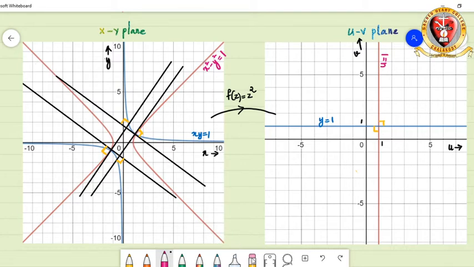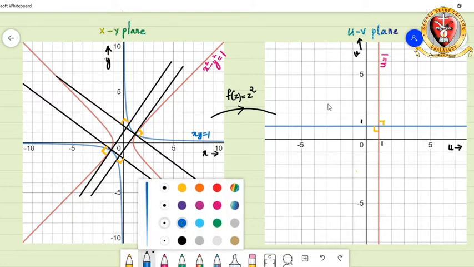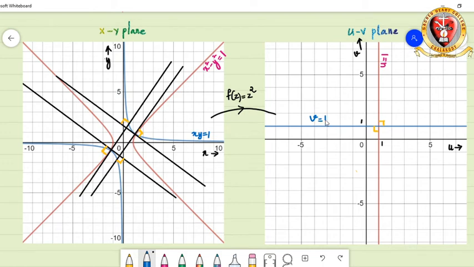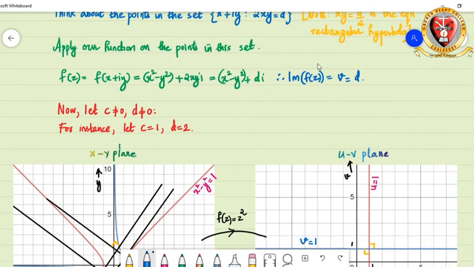Okay, and similarly we said in the second part that we are considering the hyperbola xy is equal to 1, set of all points of the hyperbola xy is equal to 1, right? So when this xy is equal to 1 is mapped by our function f of z is equal to z square, we said we will get v is equal to d, right? So the d we are taking here is 2.